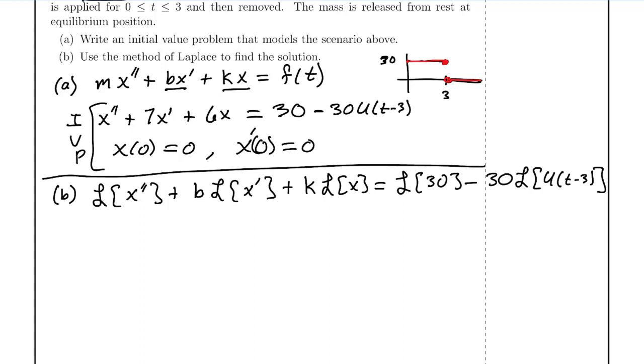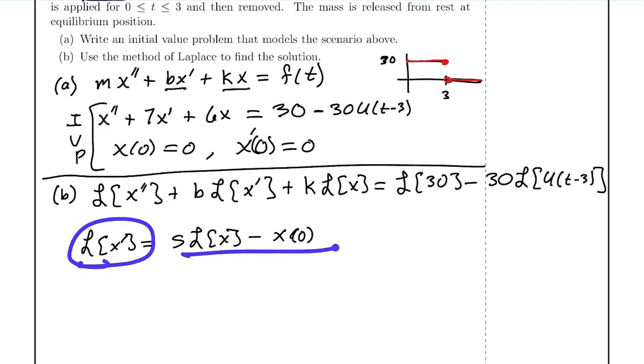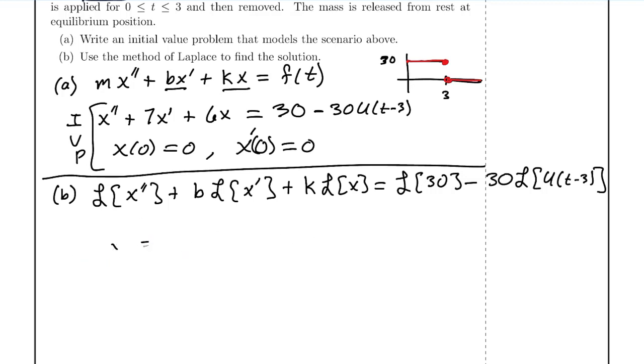And then I'm going to use our formula that L of x prime is s L of x minus x of 0. That is using Laplace to convert derivatives, basically remove derivatives. That's kind of the power of Laplace. I'm assuming you're familiar with that.